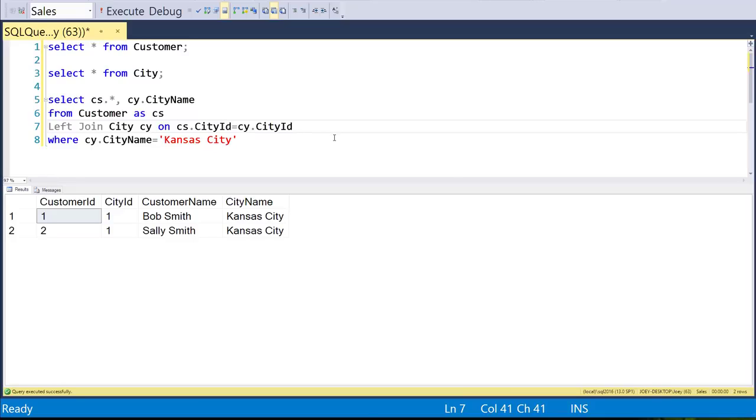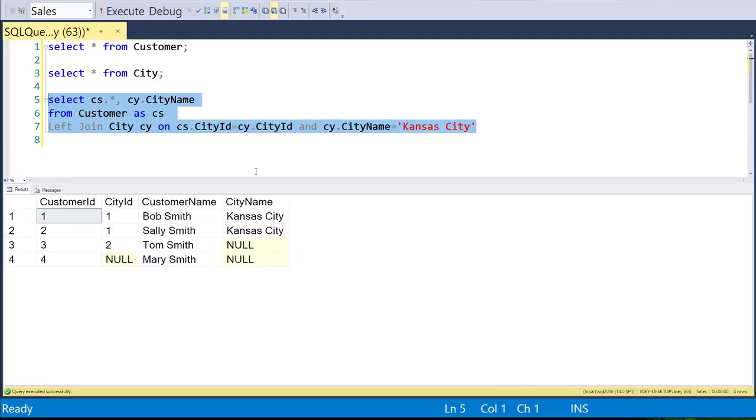So if I do where the city IDs match and where cy.cityname equals Kansas City, let's see what our answer is. This is the one error you may get on the outer join that gets a little bit confusing. In this case, we did a left outer join on customer, so we got all of our customer records.